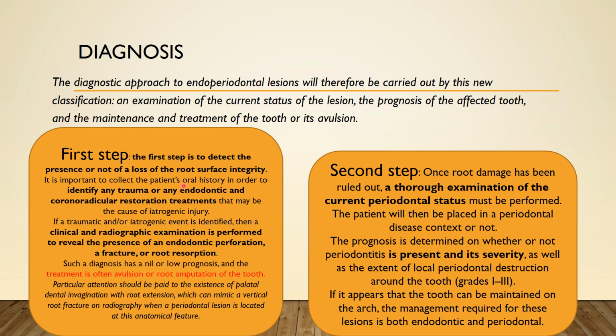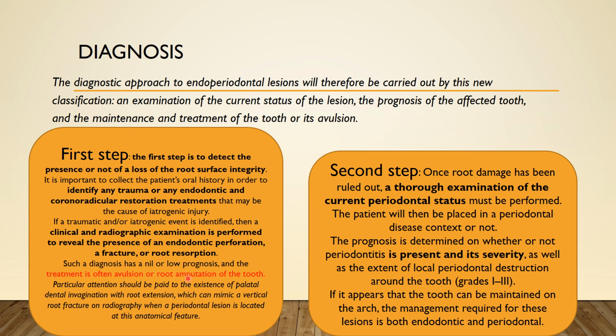If any traumatic or iatrogenic event is identified, then we can go for a clinical and radiographic examination to reveal the presence of an endodontic perforation, fracture, or root resorption. If it is identified with the cause of a traumatic or iatrogenic event, then the prognosis will be very low, and the treatment is often extraction or root amputation of the tooth.